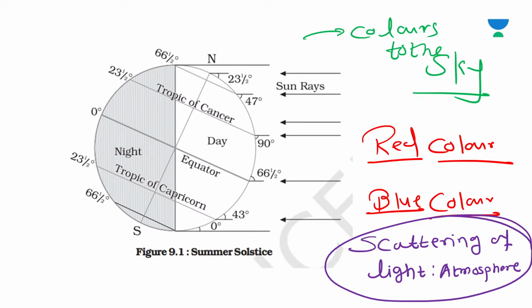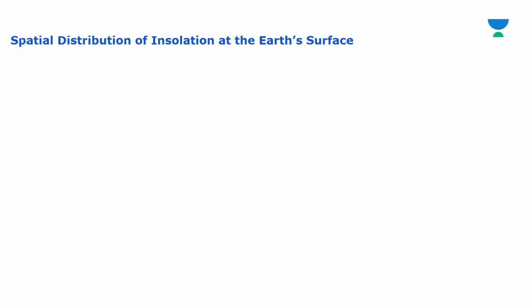So this process adds color to the sky. The red color of the rising and the setting sun and the blue color of the sky are the result of this scattering of light within the atmosphere.